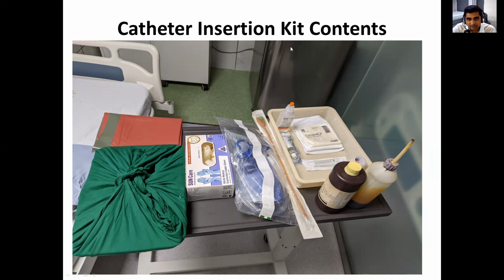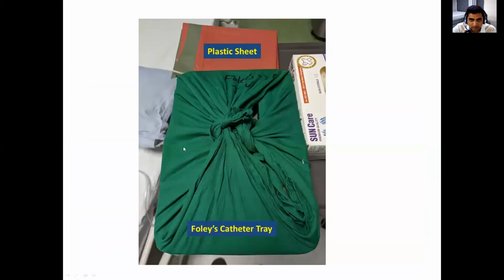If it is really necessary, then gather your catheter insertion kit. This is the catheter insertion kit of my hospital. Every hospital must have its own catheter insertion kit as per its policy, but practically it should contain all the following things, which I will be showing one by one. So this is the Foley's catheter tray, an autoclave tray.